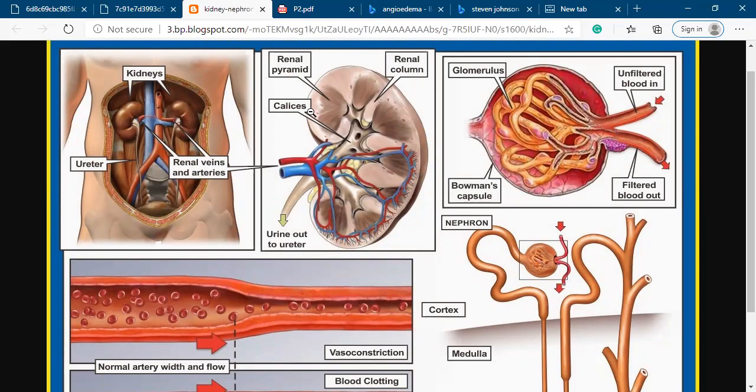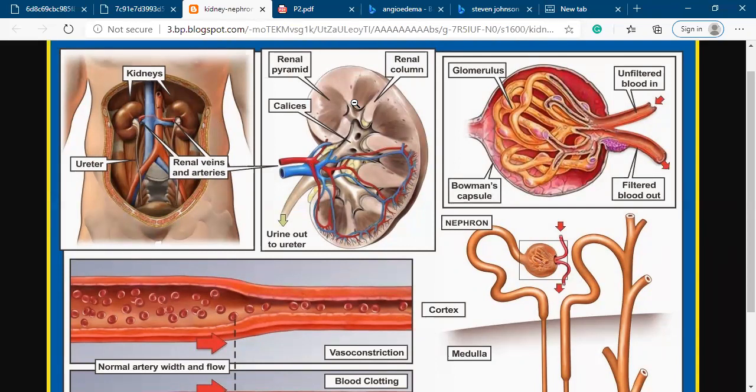This one kidney, we make it bigger here. Again, this is not an anatomy class, this is not physiology, it is pharmacology. So I will just give a short description, then focus more on the pharmacology.